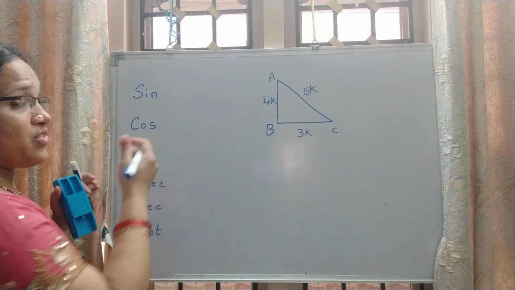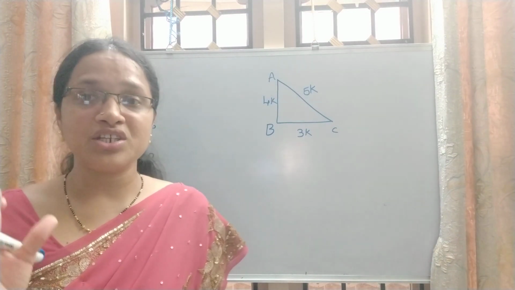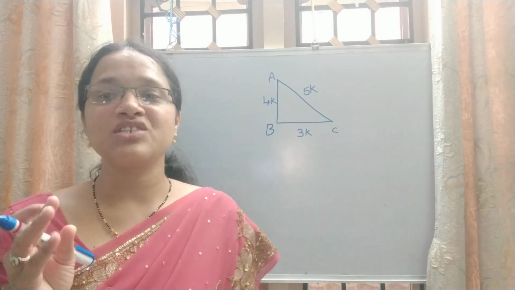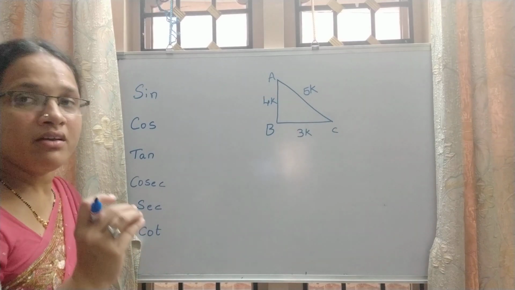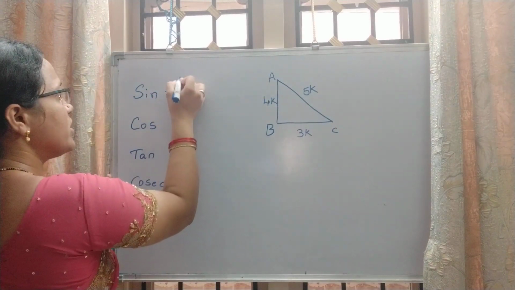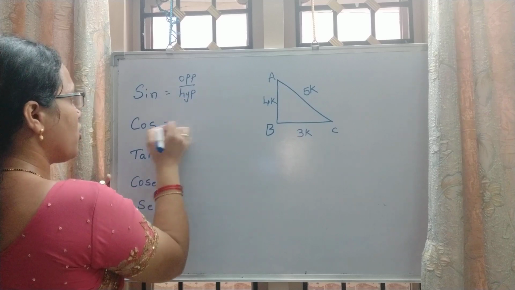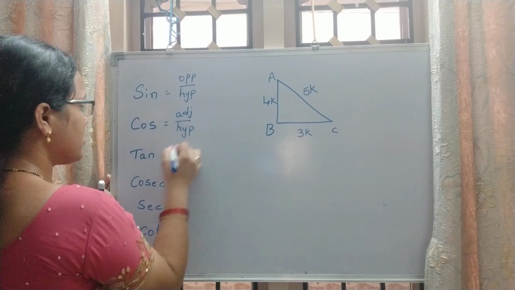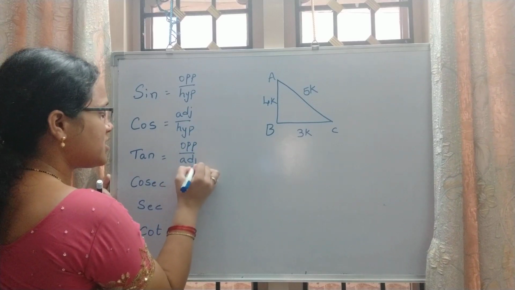Now first write the formula, that is how these ratios are defined. First write that one. So sine is defined how? It is defined according to its formula only, that is the ratio of the opposite and the hypotenuse. So sine is equal to opposite by hypotenuse, and cos is equal to adjacent by hypotenuse, and tan is equal to opposite by adjacent.